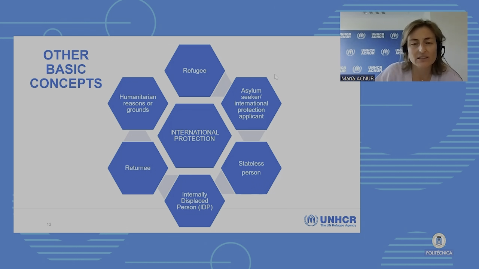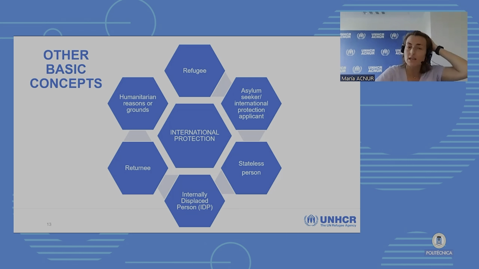Okay, and we'll talk later also about another concept, which I haven't put in this slide: complementary forms of protection or subsidiary protection. This is something that did arise in the context of the European Union, and it is that a lot of European states do not grant only refugee protection, refugee status, as in the Geneva Convention, but they provide, in cases of people fleeing conflict, what they call complementary protection or subsidiary protection.